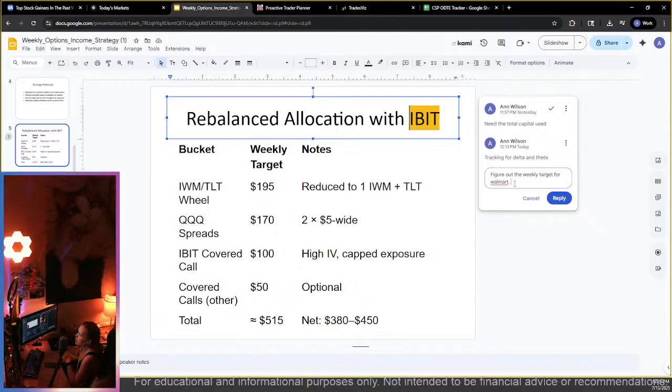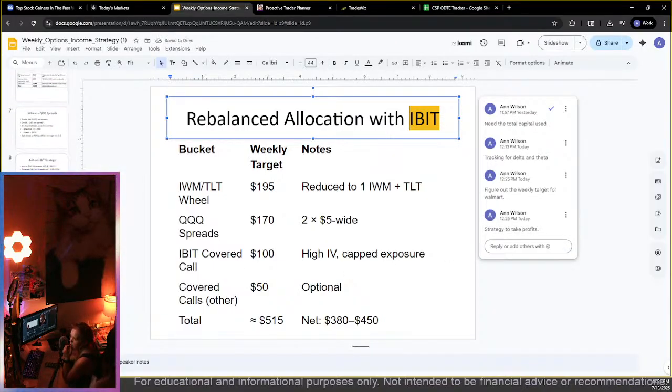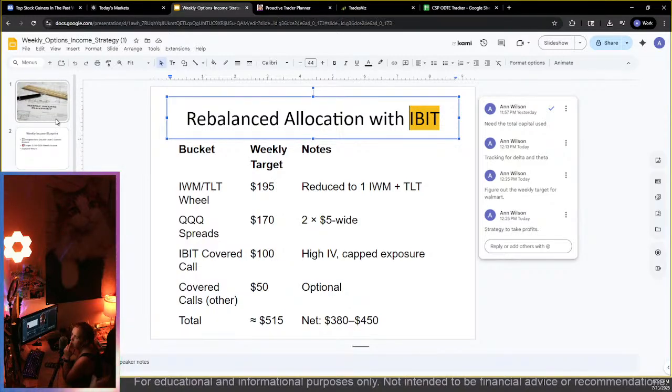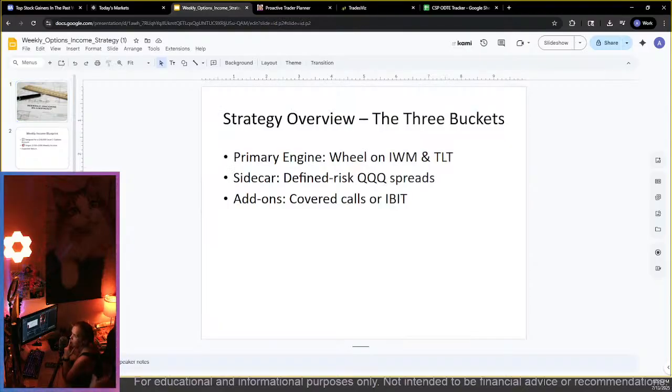Oh yeah, and then it was a strategy for profits. Like how do I get the credit out of my account? What's the strategy for withdrawals? So I might have to add this back into my prompt and revise, but this is kind of beginning the weekly income blueprint by using the wheel strategy on indexes, using risk-defined spreads, and then some sort of covered call situation.